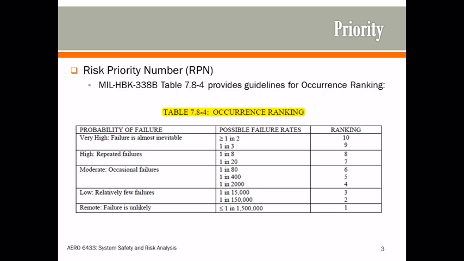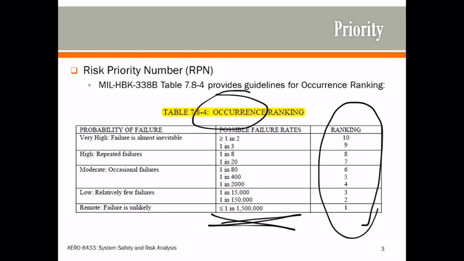Your next table, also from MIL HBK 338B, provides some general guidelines for the occurrence ranking. The occurrence ranking is the likelihood of the failure cause occurring. In other words, how frequently would the system fail, or how frequently does the system fail? We identify the number that corresponds to the occurrence ranking and plug it into the RPN calculation.